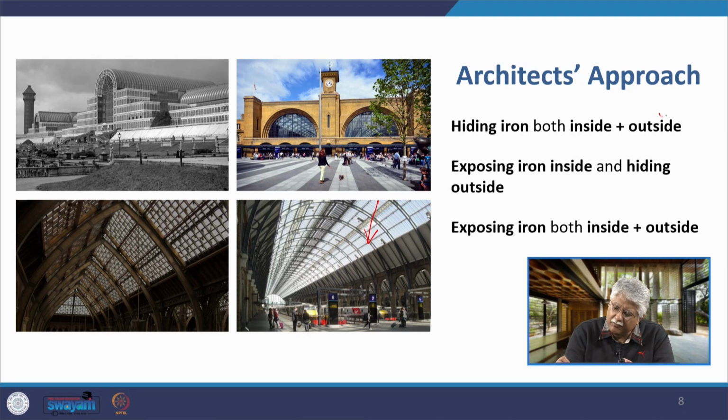Therefore, they began by first hiding iron both inside and outside. Then they began exposing iron on the inside and hiding it on the outside, like in railway stations, and then ultimately iron began to be exposed both inside and outside as the architects had more and more confidence in the use of iron. But this happened much later, closer to the 20th century.